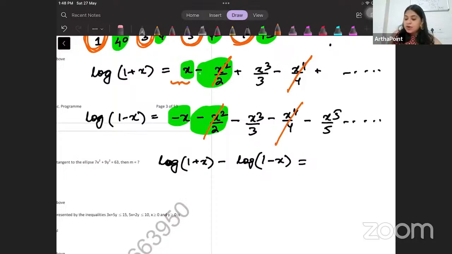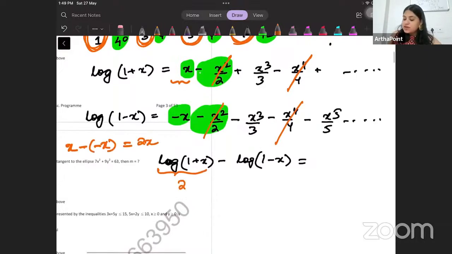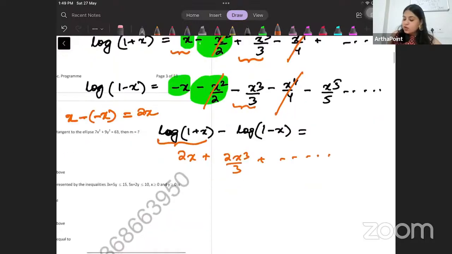So just say x will come from here, minus x. So this will be 2x. Right? So I will have 2x plus again this minus this, plus 2x cube by 3 plus so on. So I can take 2 common and I will get x plus x cube by 3 plus x to the power 5 by 5 and so on.